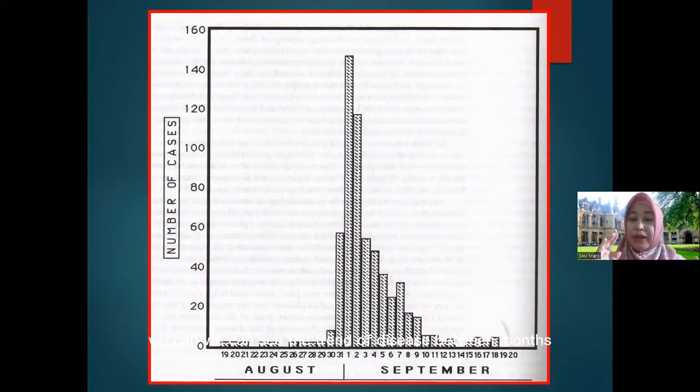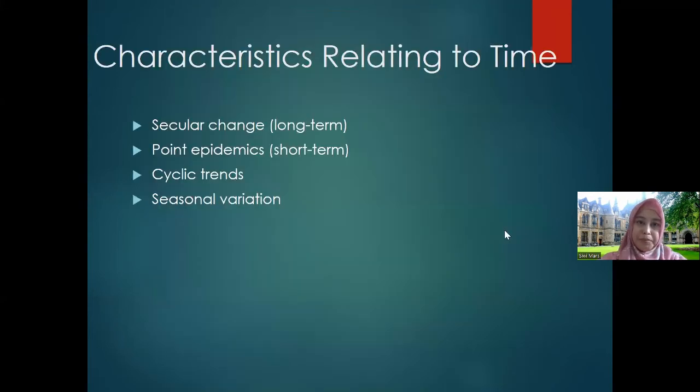We can see the trend of disease between months or yearly. If there is any specific trend, or an irregular or regular pattern of disease, we can see it when we analyze by time like this.